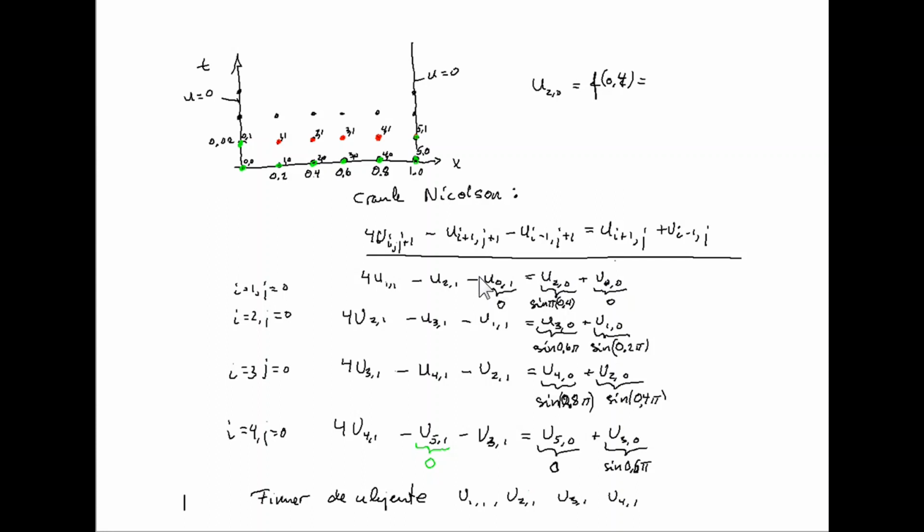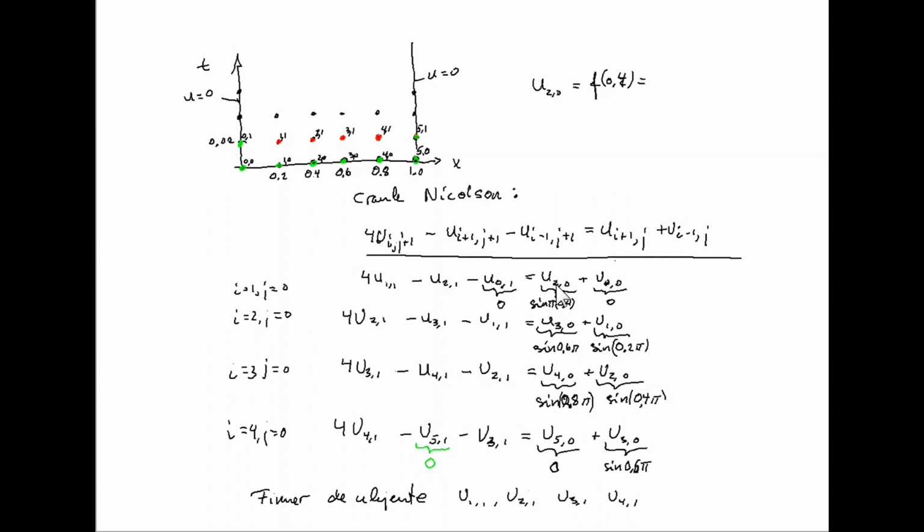And now we must identify the values of u which are known. For example, the value u01. u01 is a value at this point, and it's known, it's equal to 0. So why don't we just write 0 here?